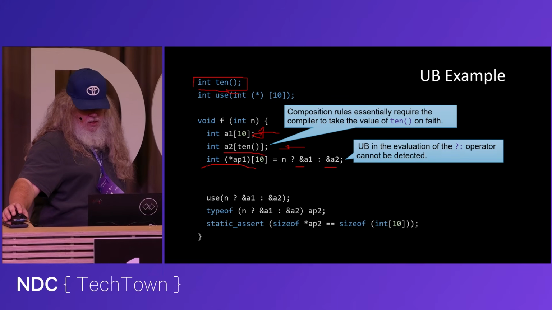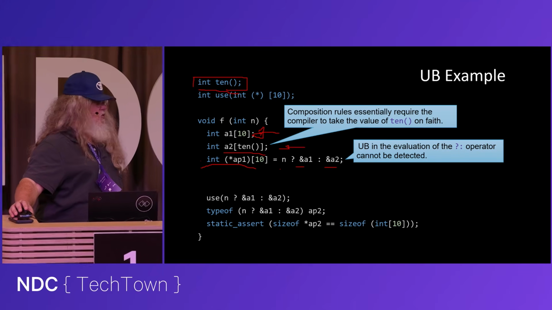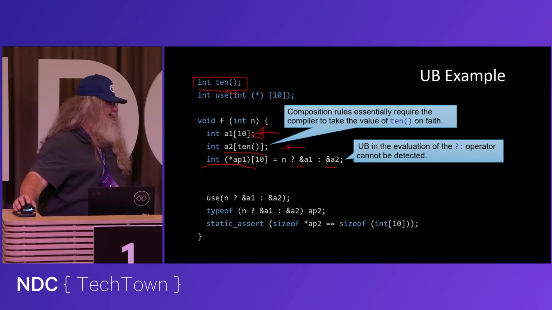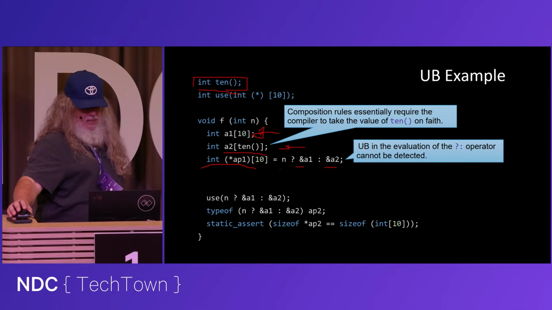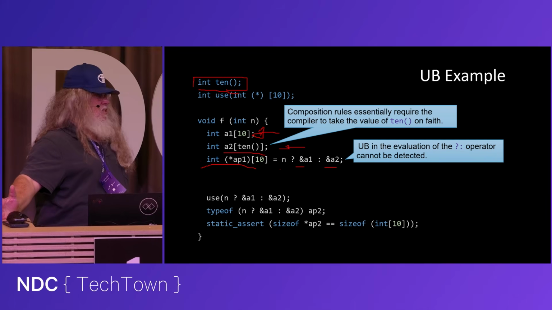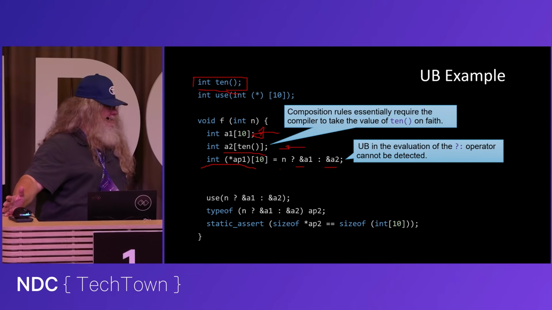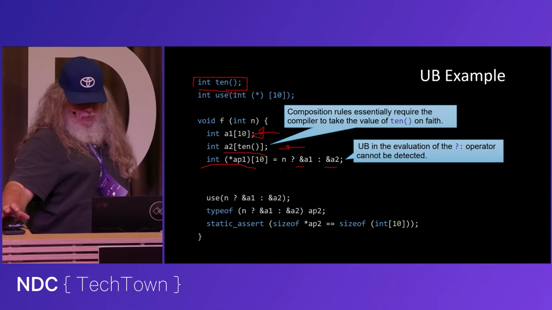And so the compiler basically just sort of goes along with the idea that this is an array of size 10. So again, this is not Rust style types. This is not C++ style types. This is C being very open-minded about what, in fact, you might have here.